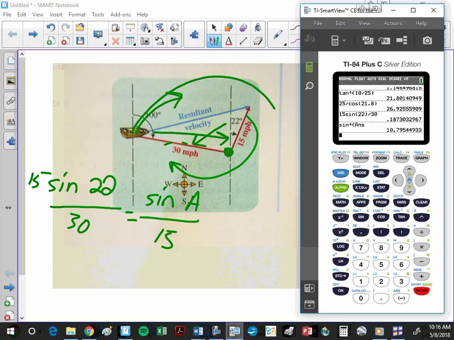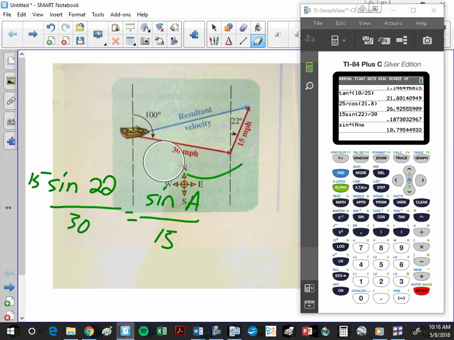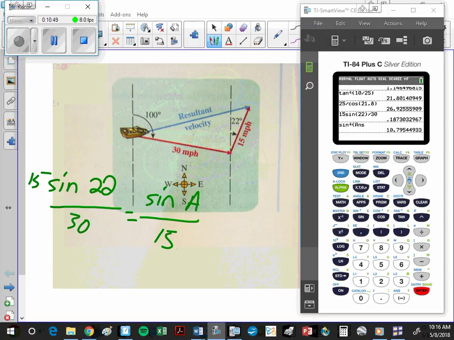Well, you can't actually do 100 minus 90 because this is not a 90-degree angle. So this angle is not 10. Oh, I see. So 22 is not the... okay. It does look like it, doesn't it? Sorry.